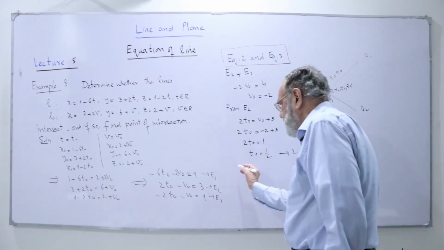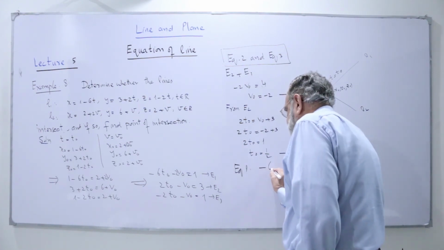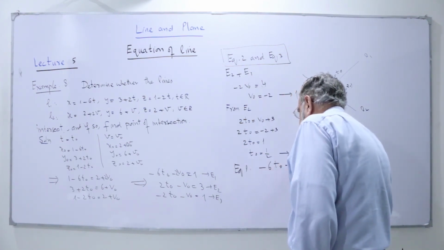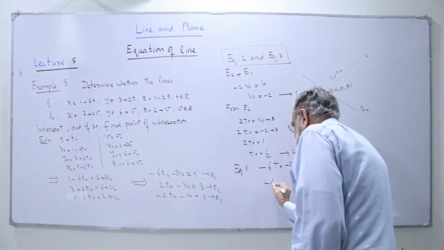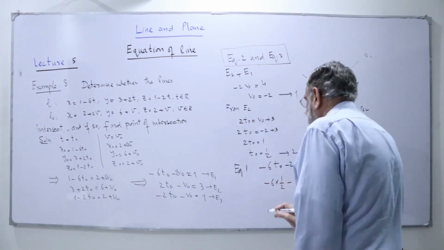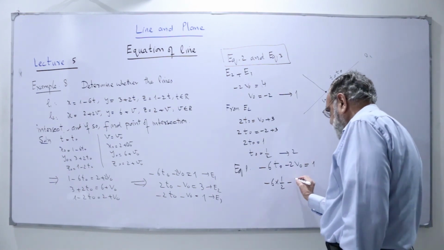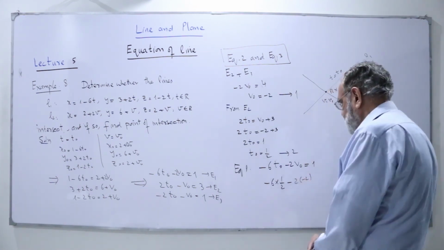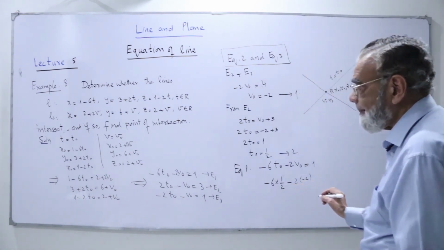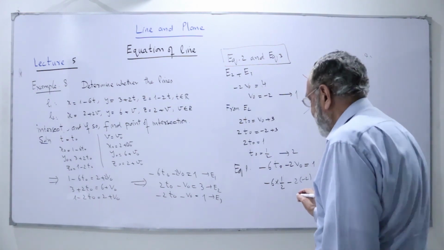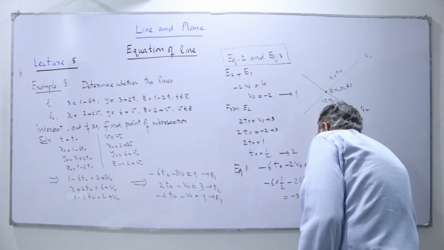Now we substitute here. We take equation 1. Our equation 1 is minus 6t0 minus 2v0 is equal to 1. With t0 as 1 by 2, we get minus 6 into 1 by 2, which is minus 3, and v0 is minus 2, so we have minus 2 into minus 2, which is plus 4. Minus 3 plus 4 is equal to 1.